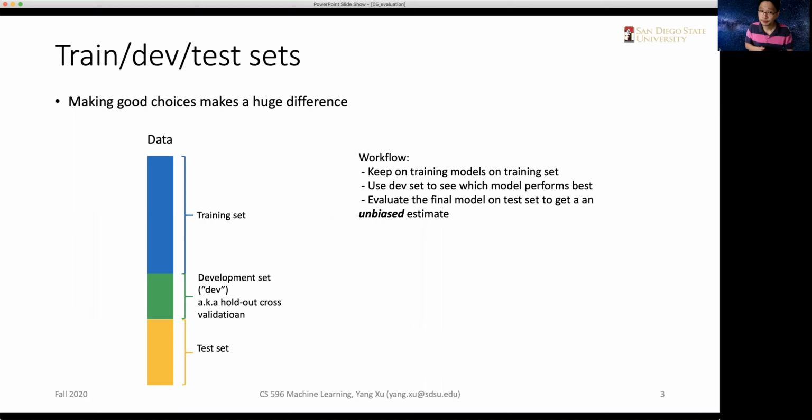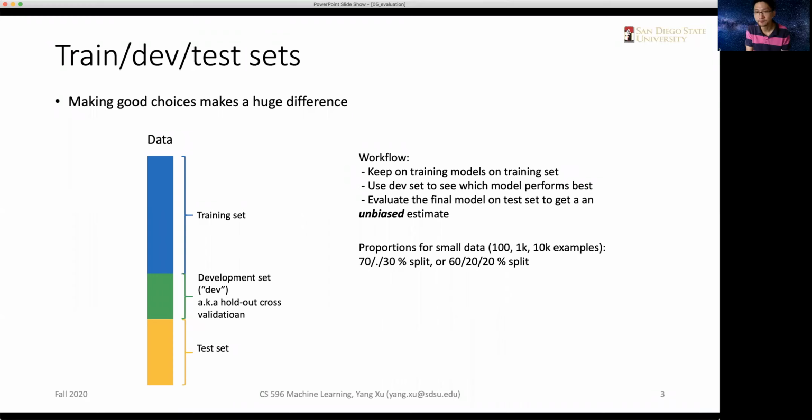The final evaluation of the model will be applied on the test set, so that we get an unbiased estimate.